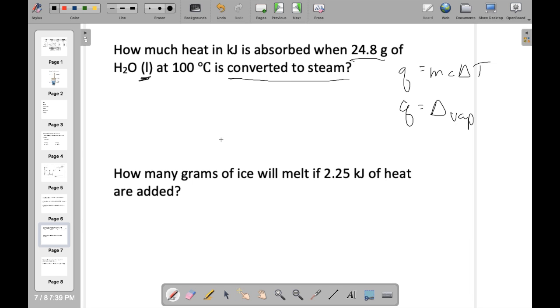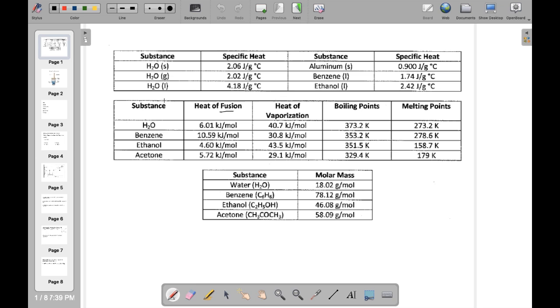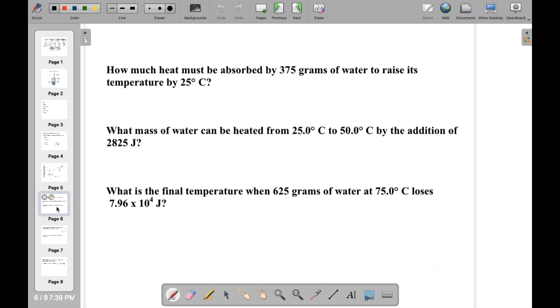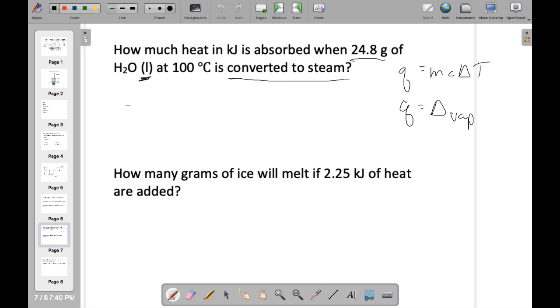Okay. So now I need to go back to my little chart. It was liquid. I go down here. The heat of vaporization is 40.7 kilojoules per mole. I'm going to write it over mole so it doesn't confuse us. Q equals.